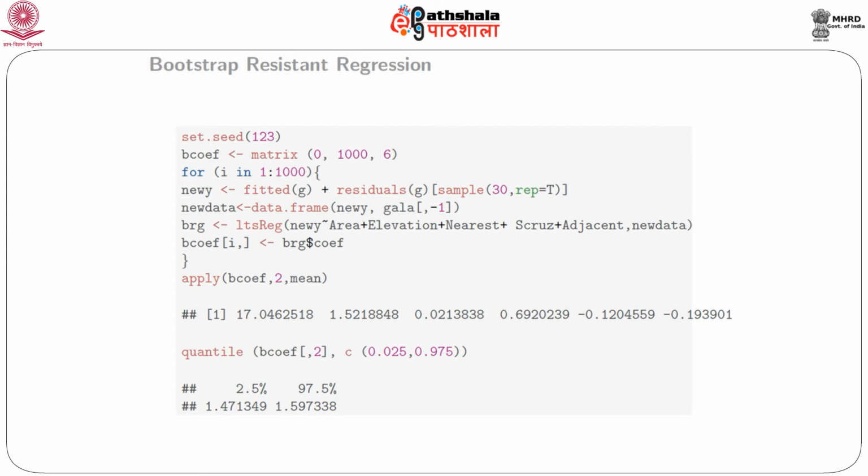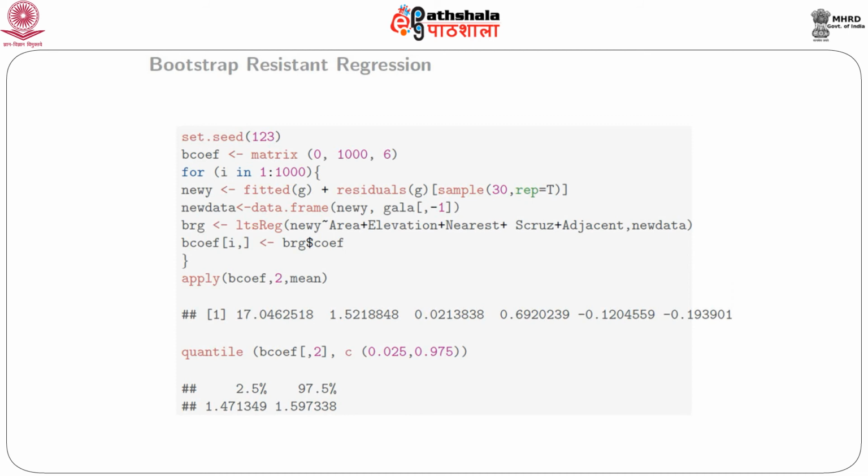What? First, we need to generate the new y's or the y star. So, that is new y is fitted plus residual, and on the residual we take a sample of size 30 with replacement and create the new y vector. Once this new y vector is created, we create a data frame called new data inside the loop.